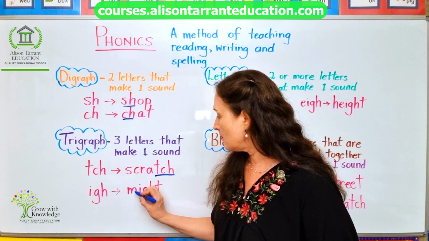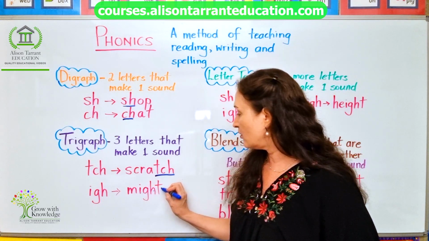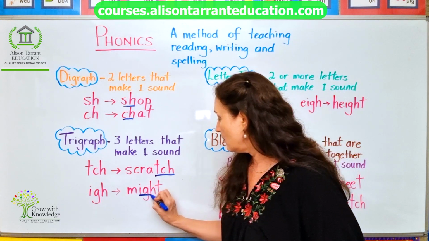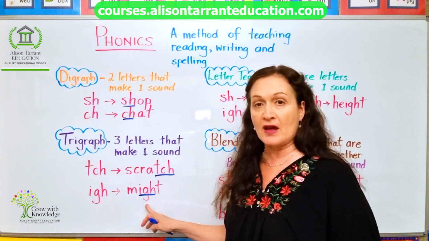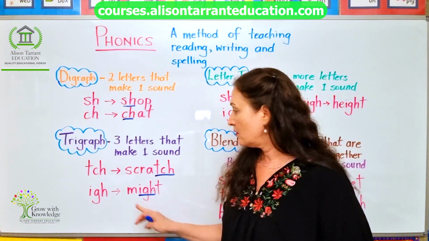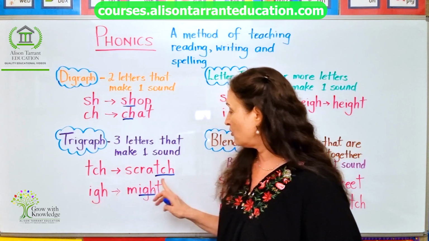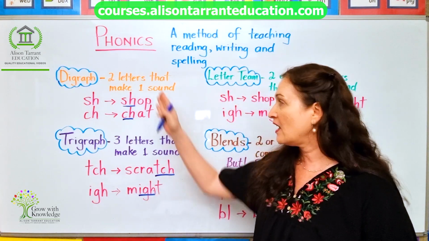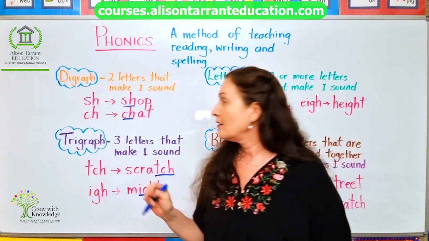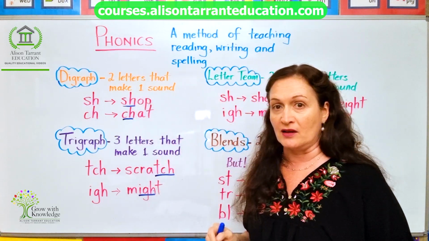So we have m, igh, t, might. So that is a trigraph saying I in the word might, and this is a trigraph saying ch in the word scratch. So they're fairly simple if you know what they actually mean.